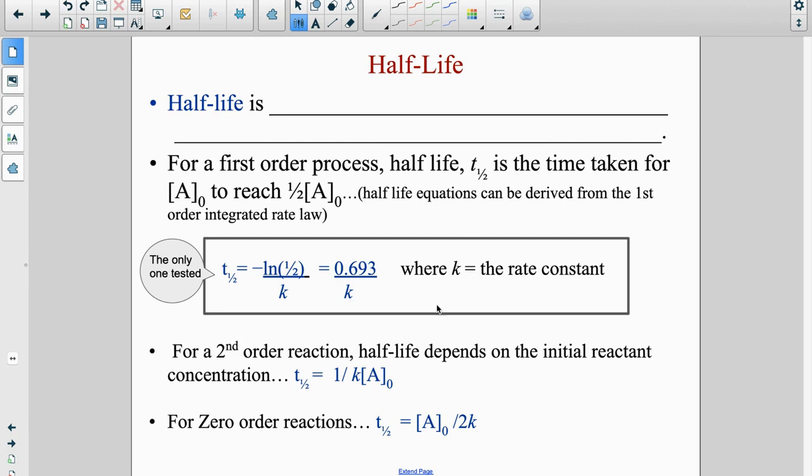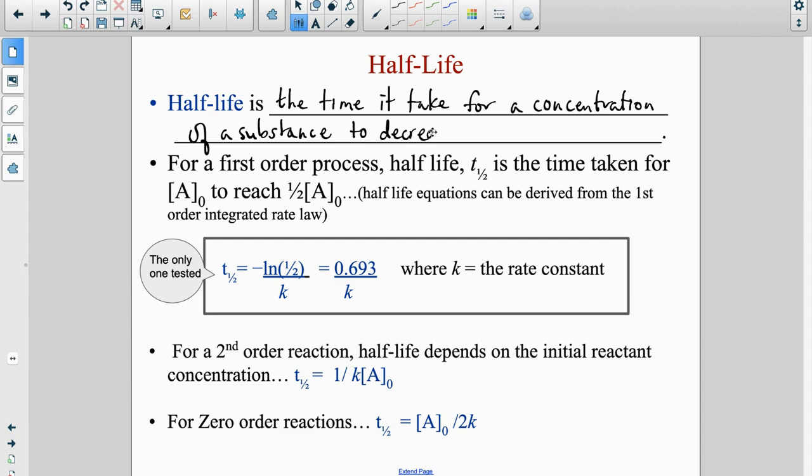So then to look at the half-life of these, so what is half-life? Half-life is the time it takes for a concentration of a substance to decrease to half its initial amount, or just amount.